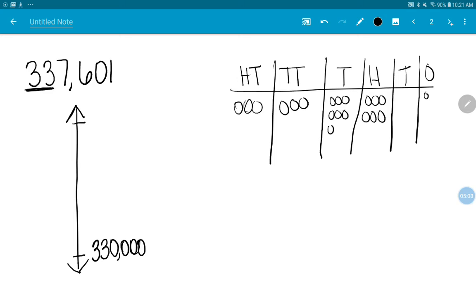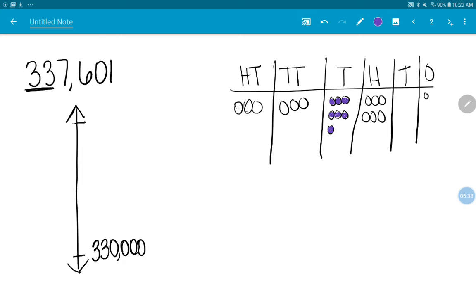If I take these 7, 1,000, 2,000, 3,000, 4,000, 5,000, 6,000, 7,000. Can I make a 10,000 with those? No, they're not enough. So that's only 7,000s.